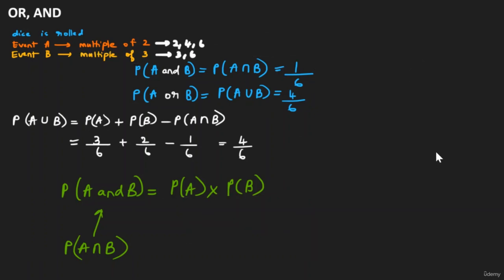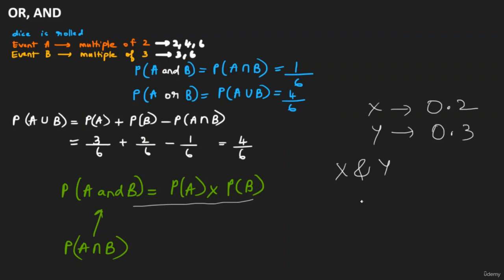Let's discuss quickly one more example where this is applicable. Say you have 2 people X and Y and they are trying to shoot at a target. The probability that X will hit the target is 0.2 and the probability that Y will hit the target is 0.3. Now the probability that X and Y will hit the target will be 0.2 into 0.3 as per what we have seen over here, and that will be 0.06.